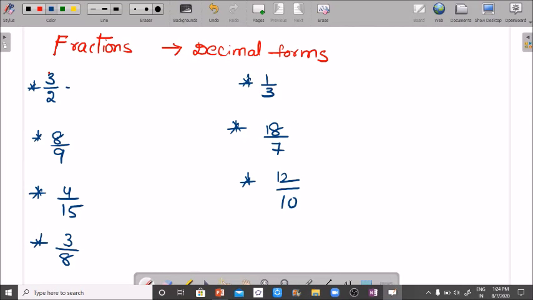Here the first one is 3/2. Divide 3 by 2. 2 ones are 2, remaining 1.